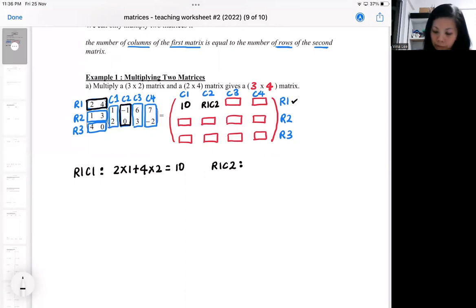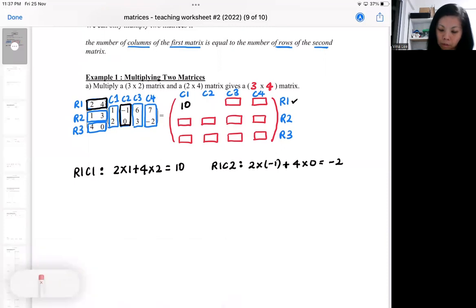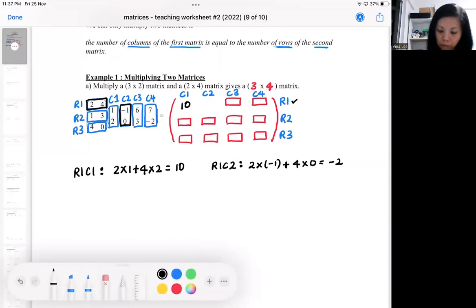First number multiplied by first number, second number multiplied by second number, and you add them up. You will get a -2.